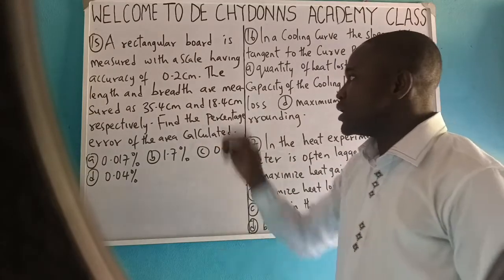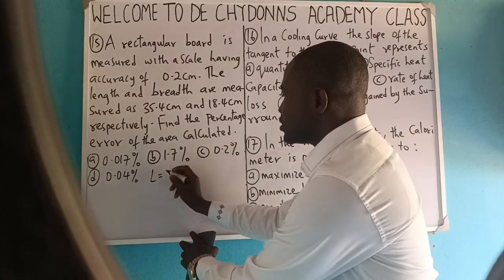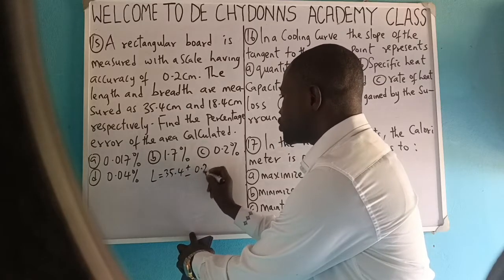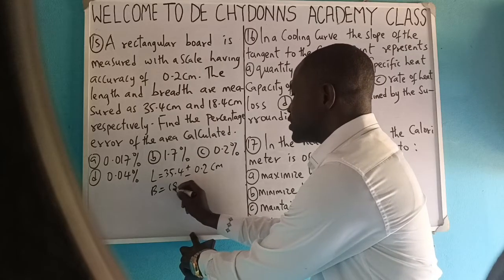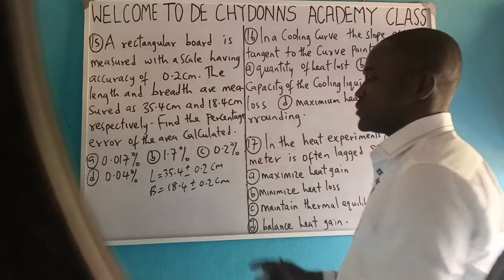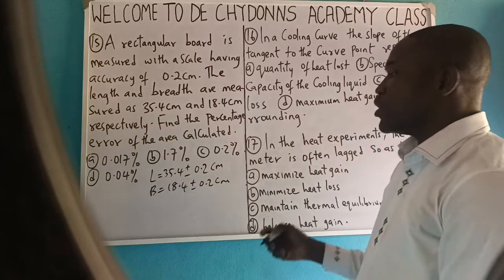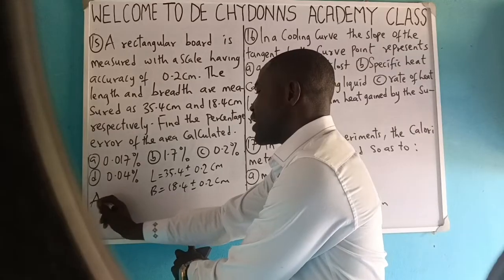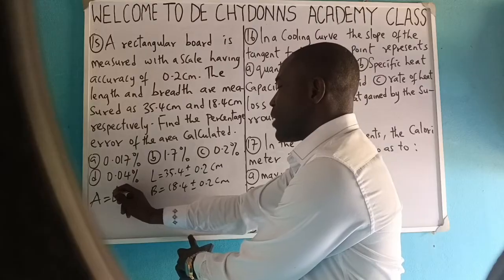It means that the length is given as 35.4 plus or minus 0.2, all in cm, and the breadth is equal to 18.4 plus or minus 0.2 cm. That is the error you will encounter. You package it this way. Then you ask yourself, what is the formula for finding area? Area is equal to length times breadth.